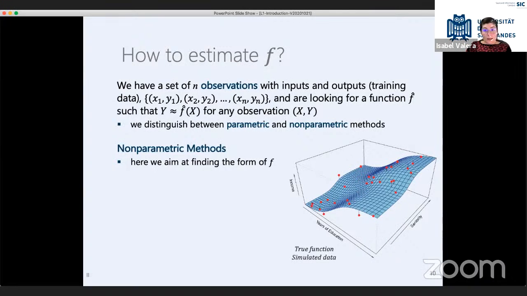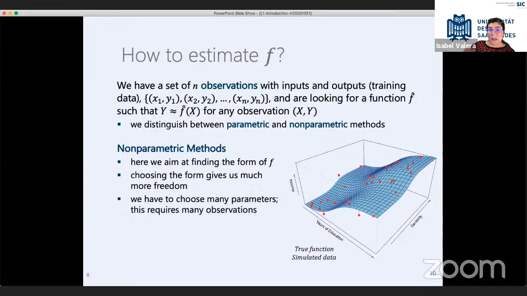In non-parametric methods, it doesn't mean that there are no parameters, but in general it means that we are not going to assume a particular parametric form for the function f, but we are going to try to learn that form. And that is going to give us much more freedom. So sometimes I simply refer to non-parametric methods as functional forms with an infinite number of parameters.